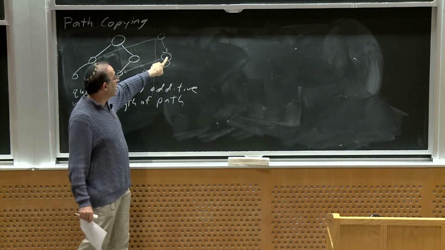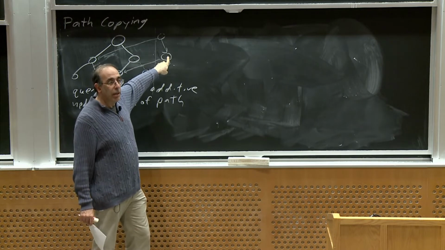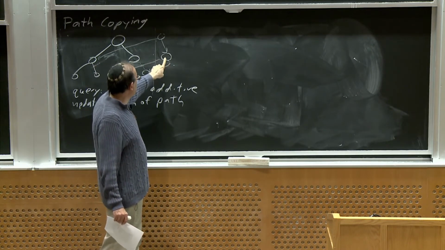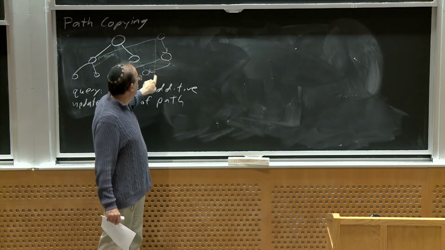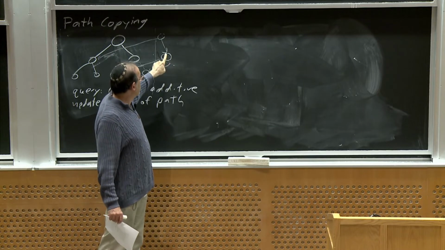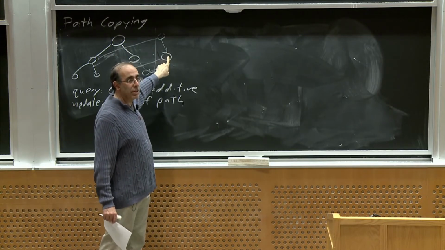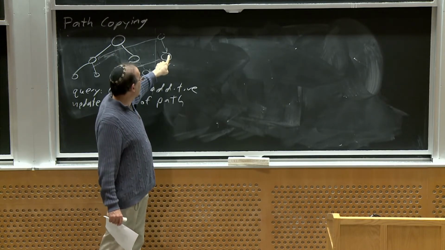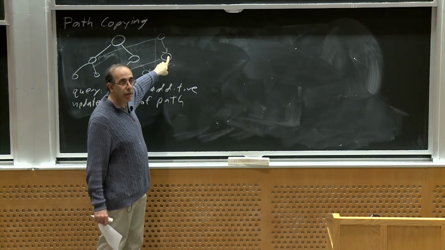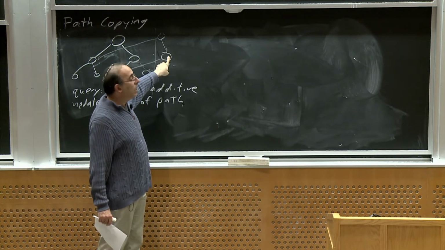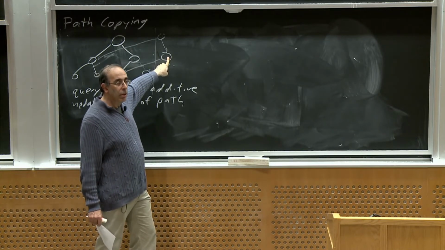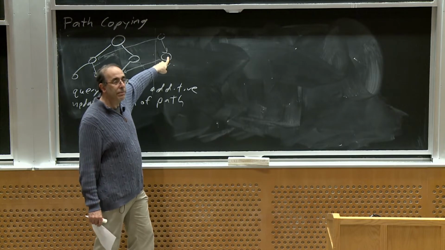So at that point, I'm going to make a new copy of this node, and I will store the pointer to the new leaf in the right pointer of this new copy. But that will leave me a new empty overflow field in this copy that I've just created. Okay. Now I also have to think, when I do make a copy of this node, what else do I have to do?